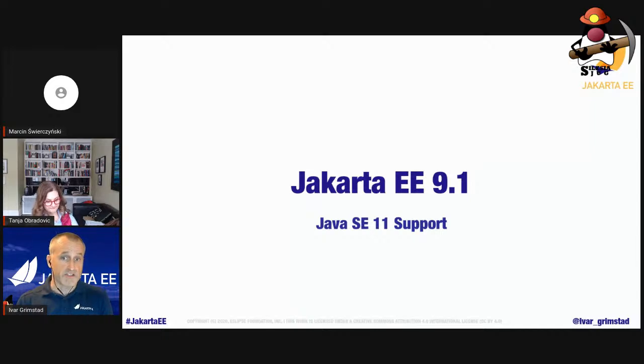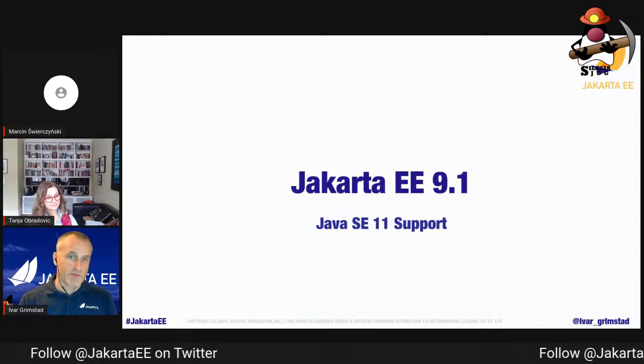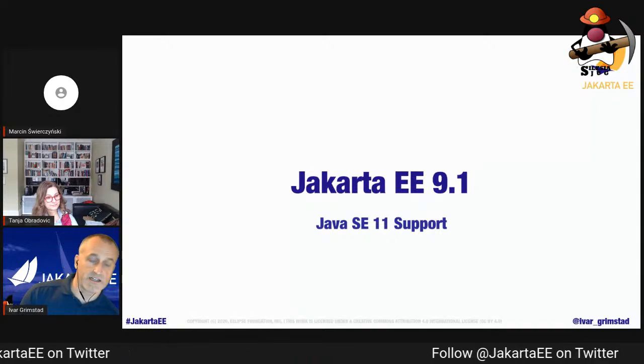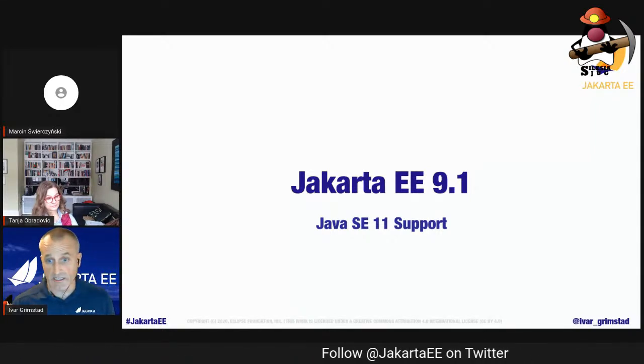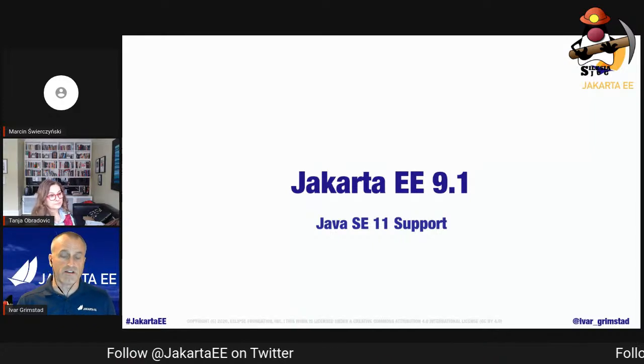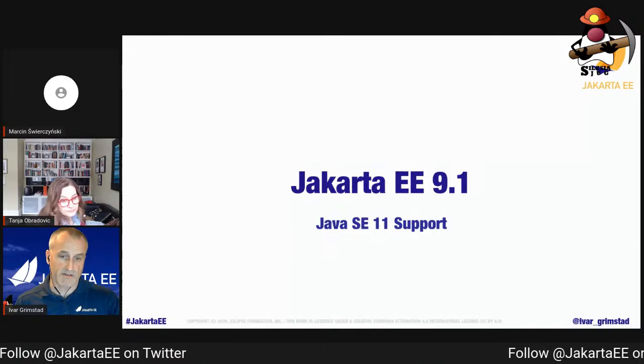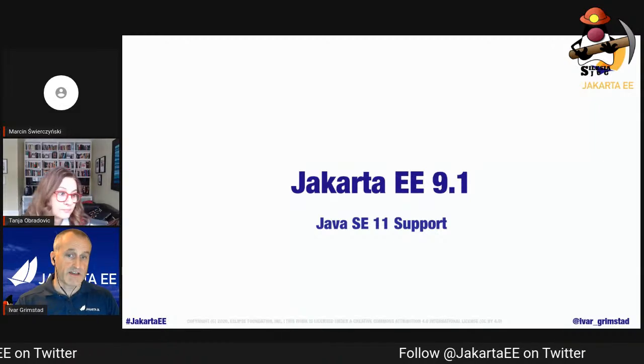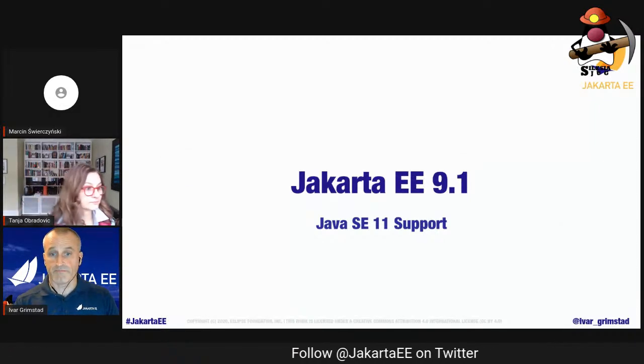So we're going to launch a Jakarta EE 9.1 that will have the same APIs. It will be compiled to Java SE 8 as Jakarta EE 9 is, but we will change the test suite so it's possible to certify on 11 and make that a requirement for 9.1.